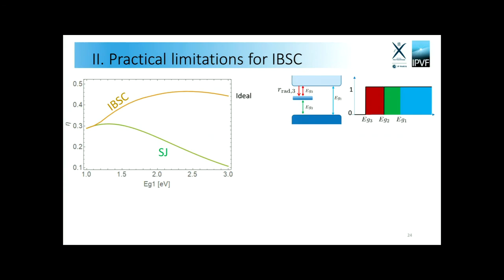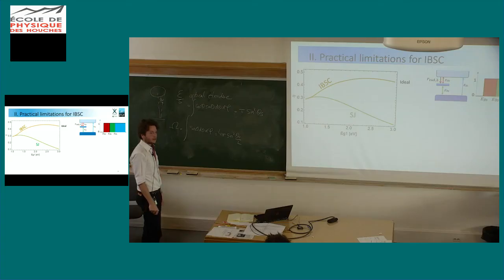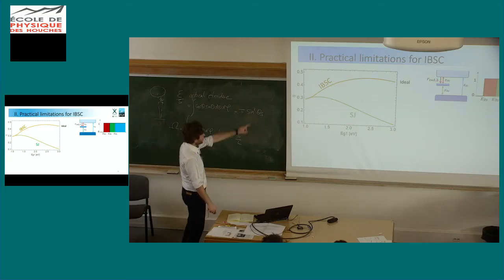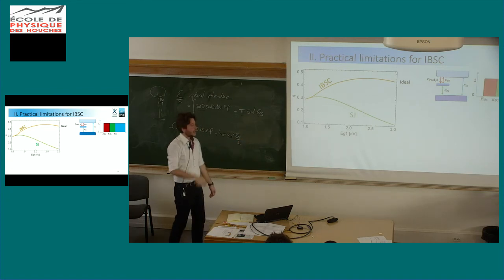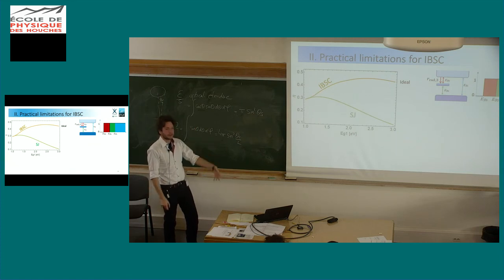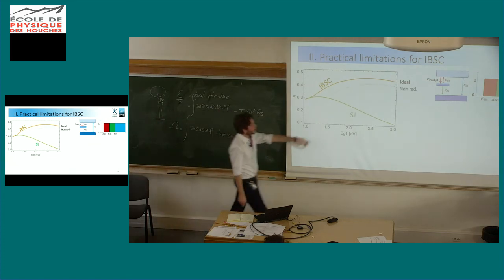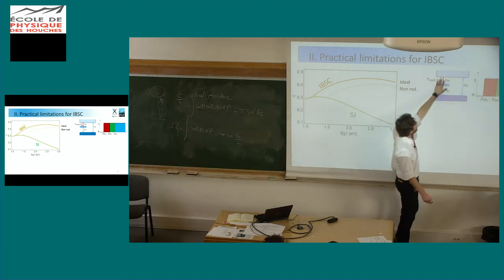I will show you this here with intermediate band solar cells. This here is the Shockley-Queisser limit. So this is the blue curve we had before, and this is the blue curve for IBSC in the ideal world. Now, there are a few things I can take into account to make this situation more realistic. For instance, I can take into account the fact that this transition here might be non-perfectly radiative.